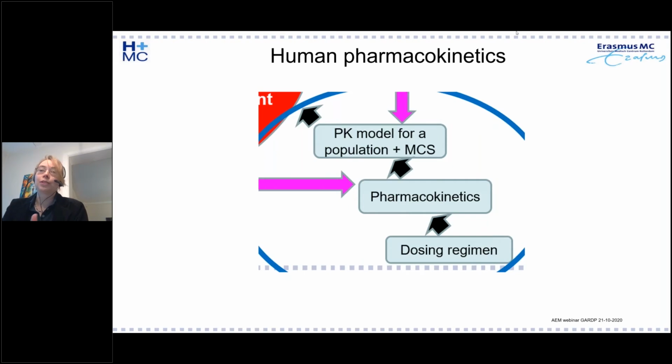And we also want not only to be optimal for the average man, but also for the entire population. So it's also crucial to have information about the variability in your data. And using all this information, we're going to do some Monte Carlo simulations, as John already said, to see how the drug behaves in the population and how much drug we need to give.